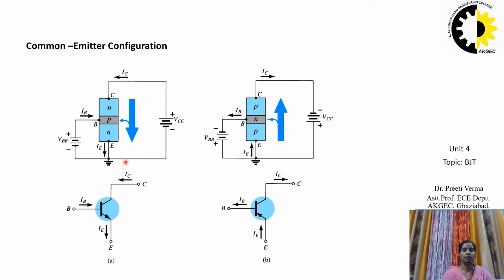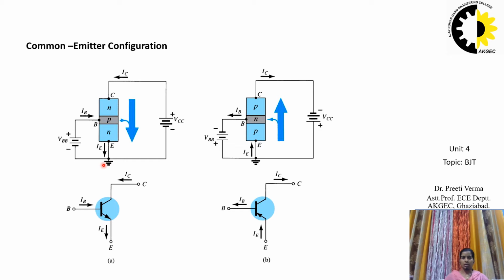So here if you see the first diagram, that is for the NPN transistor, in that we have the base terminal, collector terminal and emitter terminal. Here the emitter is to be made common. So one battery is connected between base and emitter, and another one is between collector and emitter.